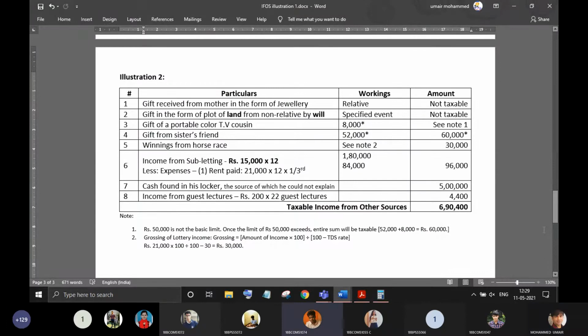So winning from all this, 2,10,000, sir. So it comes to 3 lakhs, 30,000.